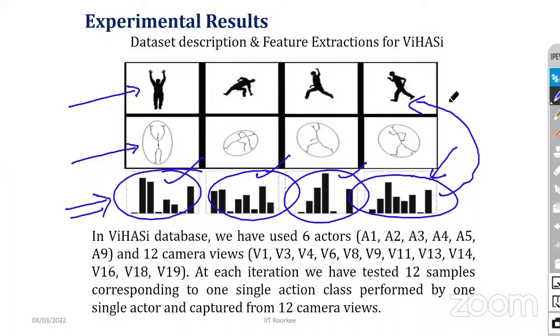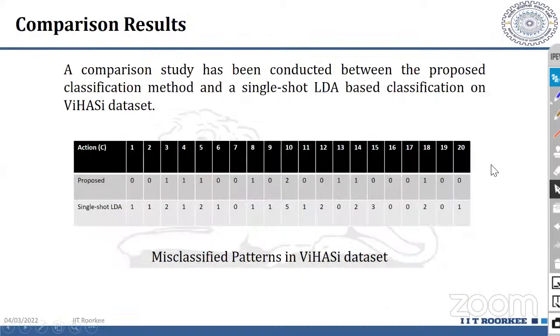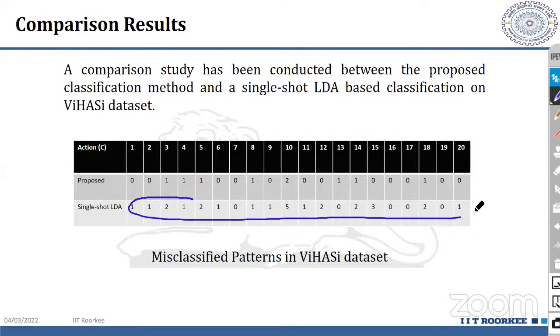So this is how we have tested our algorithm. 6 actors have been used with 12 different camera views, and if you stop your algorithm in a single shot, the single shot LDA will give you many misclassifications. 0 is no misclassification, whereas 1, 2, 3, 4, 5, your misclassification is more.